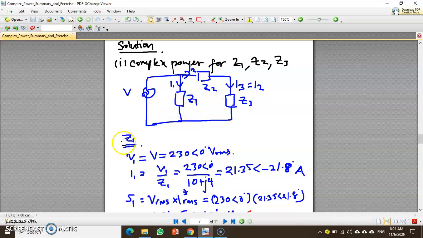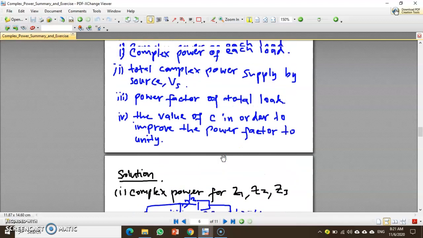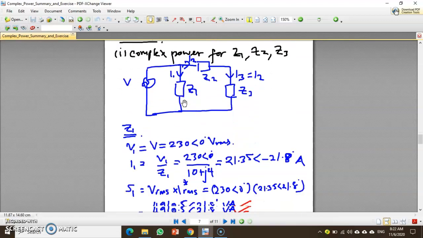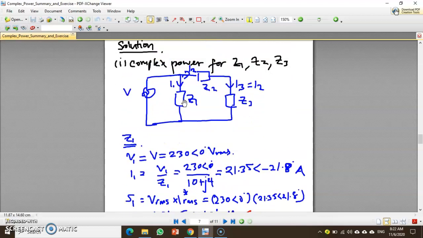For example, for Z1, the voltage across Z1 equals the voltage supply, which is 230 angle 0. In this case we have a VRMS voltage, as given in the question.